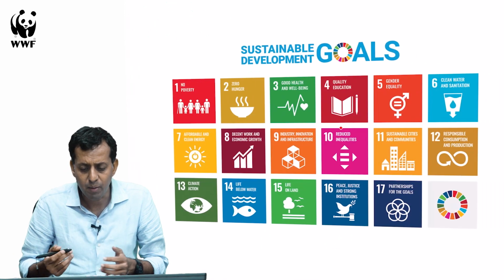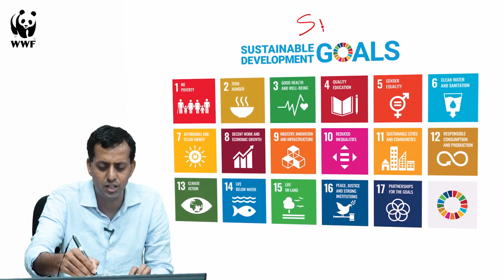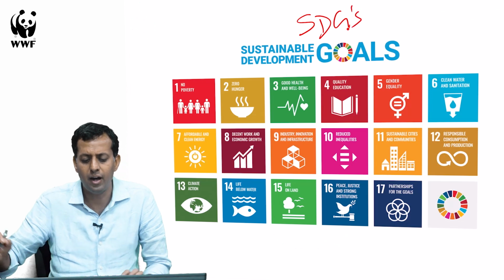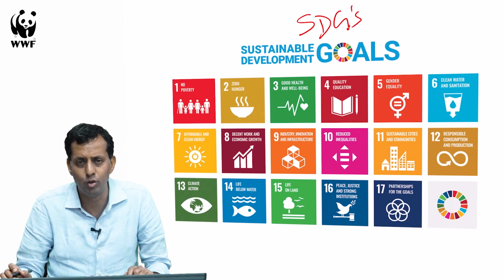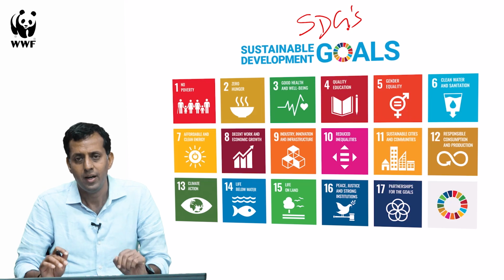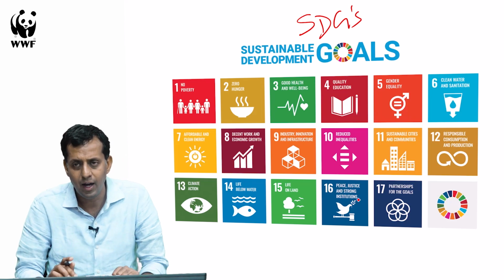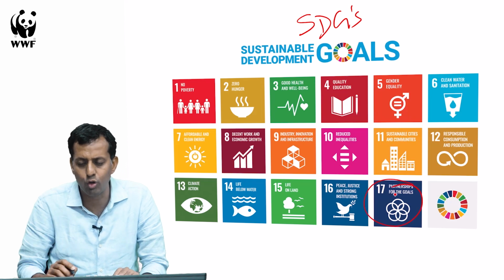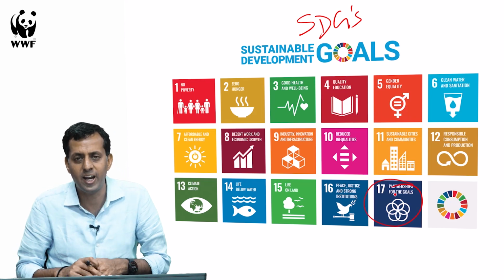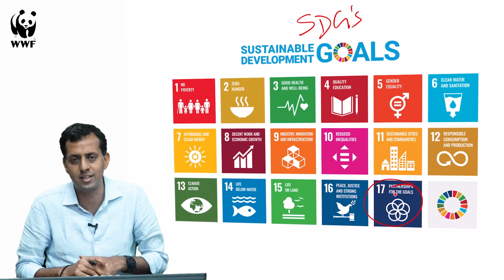Today, people talk about something called the SDGs. Many of you have probably heard of this term, right? The Sustainable Development Goals. There are 16 goals of sustainable development, and then there is a 17th overarching goal, which is to ensure that we create partnerships to enable all of these 16 goals.